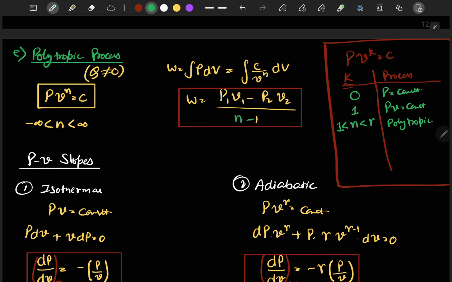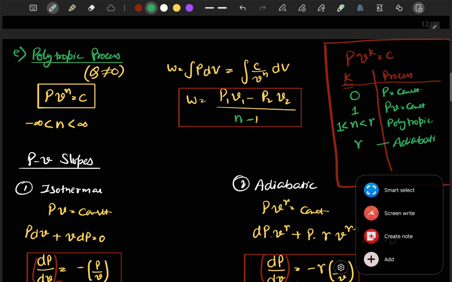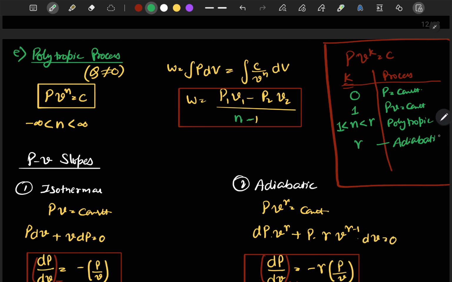If k is equal to gamma, the process becomes adiabatic. If k is equal to infinity, the equation becomes V = constant, that is a constant volume process.